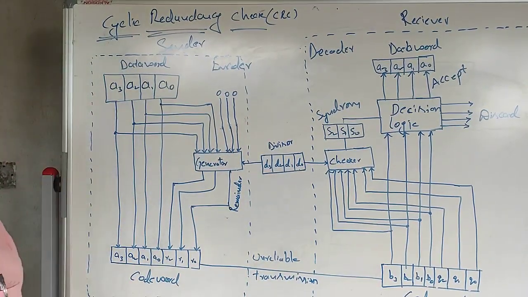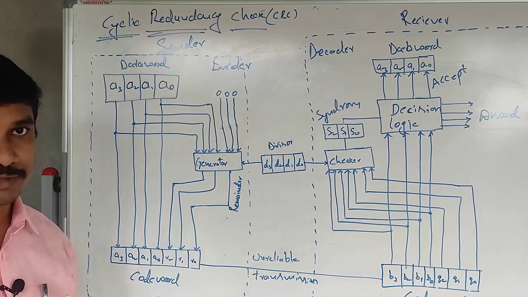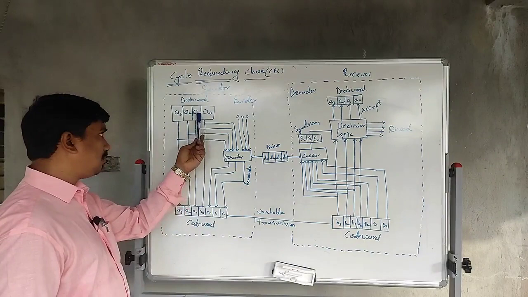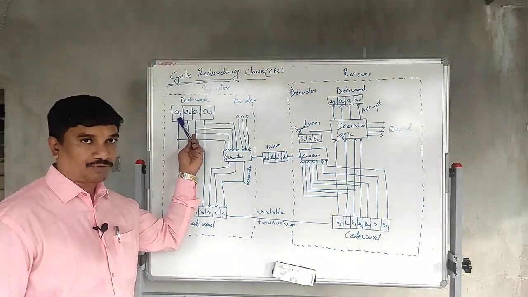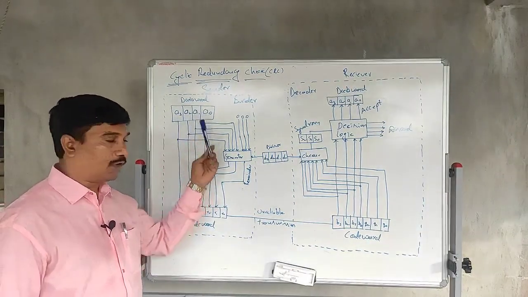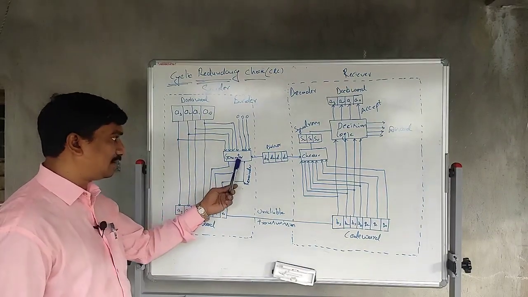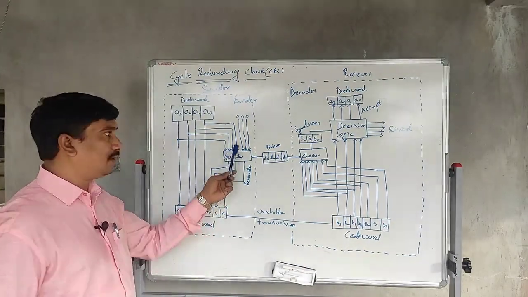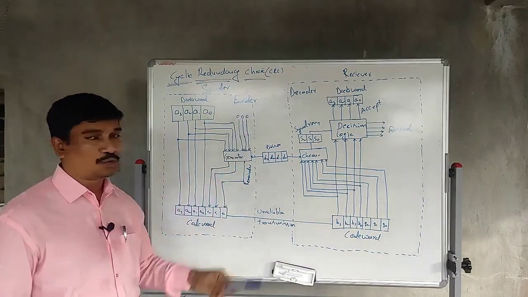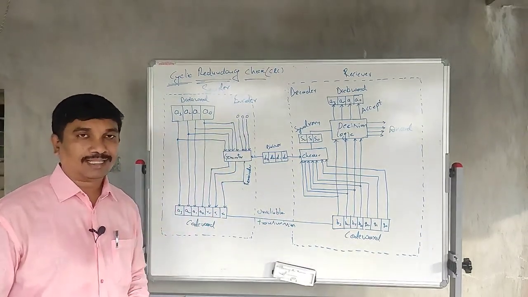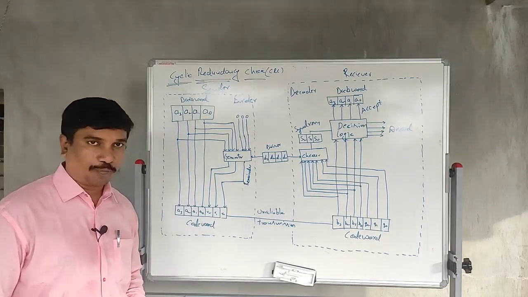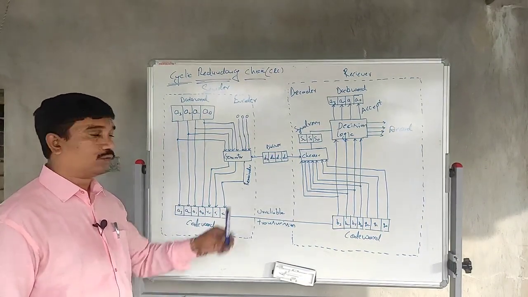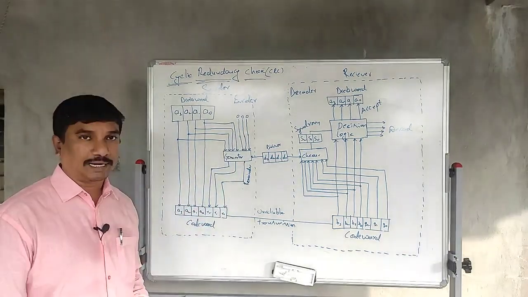Coming to the CRC architecture, you have to see the data word. The data word is nothing but our message, the actual message. In this example, the data word is 4 bits: A0, A1, A2 and A3. This is the actual message, which is called the data word, and we give it to the generator. Before giving it to the generator, we have to add 3 zeros. The divisor has 4 bits, so 4 minus 1 is 3, and we include 3 zeros in the data word.